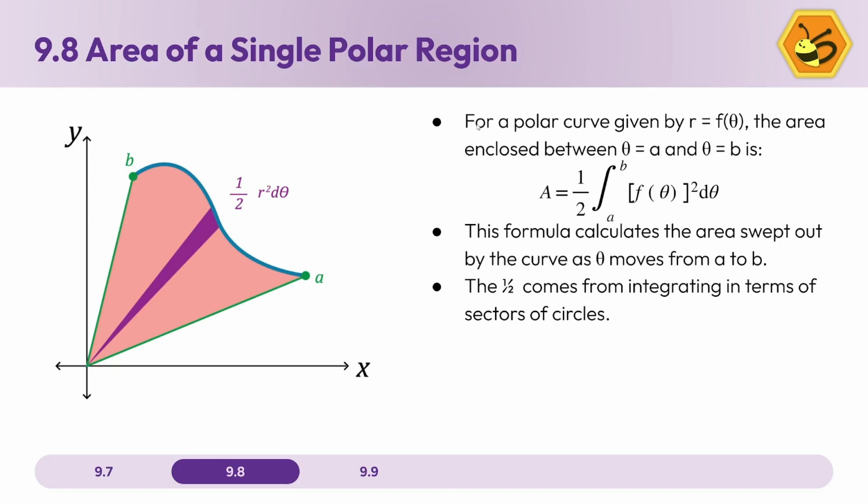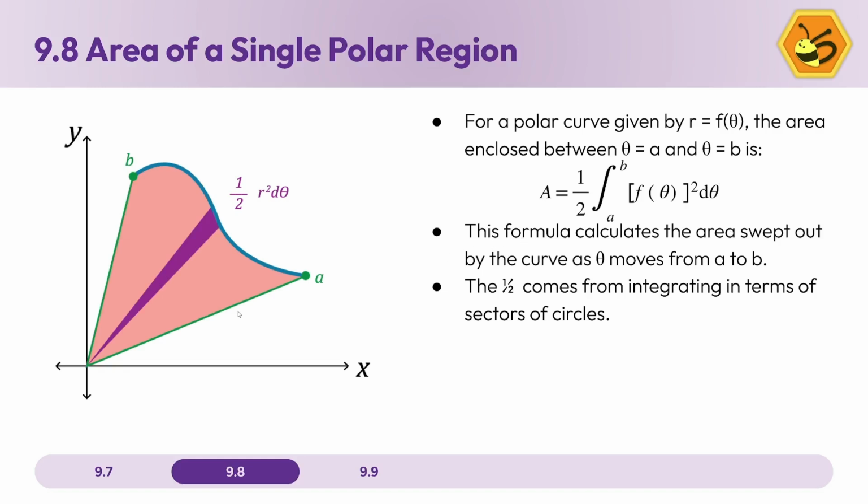And so if there aren't any other questions, let's move on to the area of a single polar region. All right, so for a polar curve given by a function in terms of theta, our area formula is going to be this. So area is equal to 1/2 integral from a to b of f of theta squared d theta.